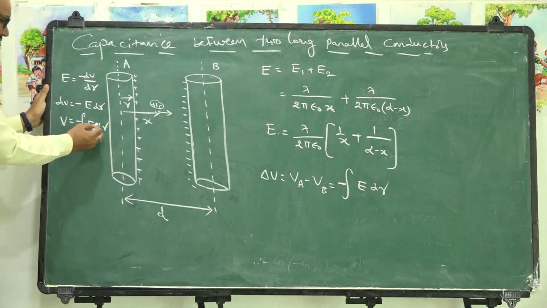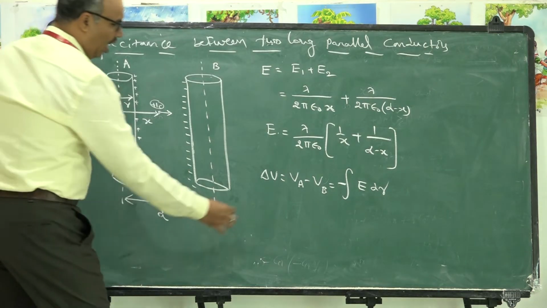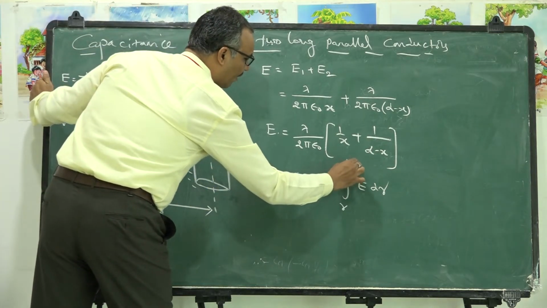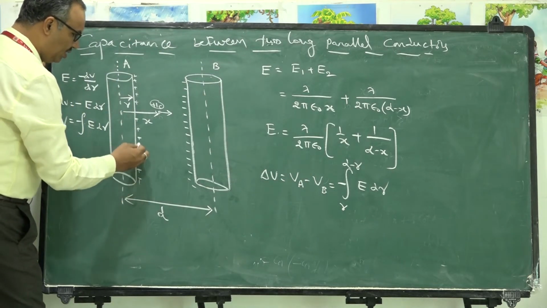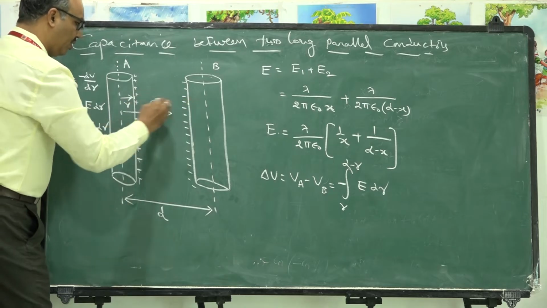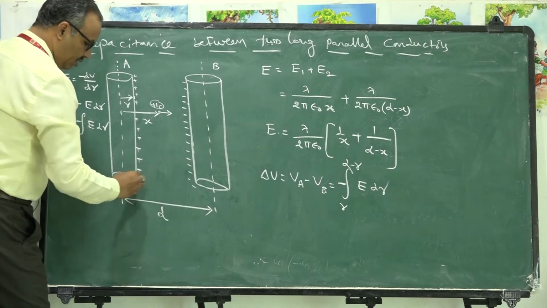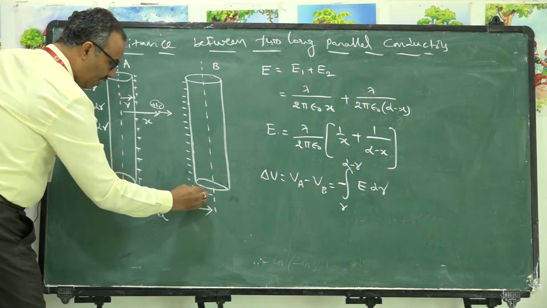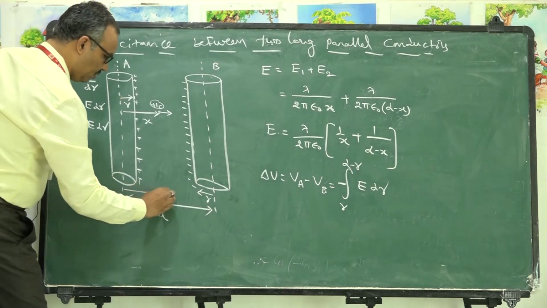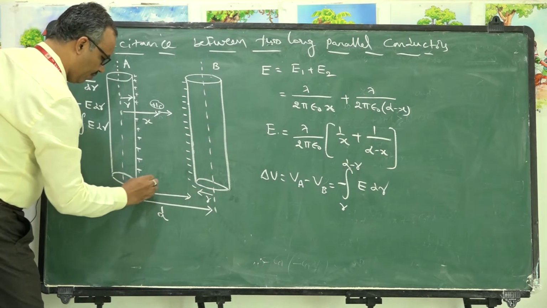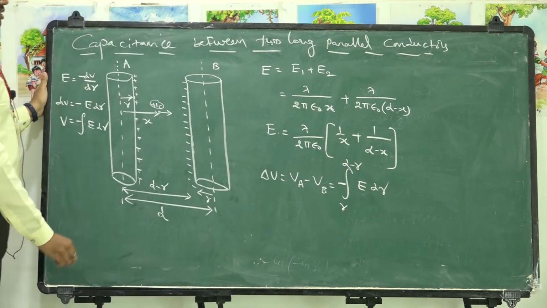Here variable is the separation between the conductors. The separation varies from R to d minus R. That means potential difference between the two conductors means from this point to this point. This point is located at a distance R. This point is located at d minus R. Therefore, limits of the integration I am taking from R to d minus R.